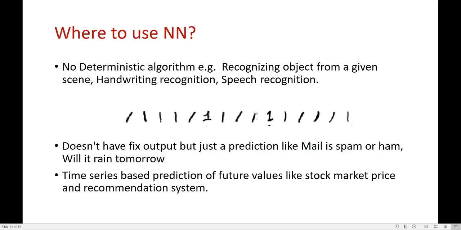If we don't have a fixed output and we want to predict things, in such cases also we can use an artificial neural network. For example, identifying whether a given mail is spam or ham, or whether it will rain tomorrow. Such questions we can deal with using an artificial neural network, because it will try to learn from previous data and predict the future.